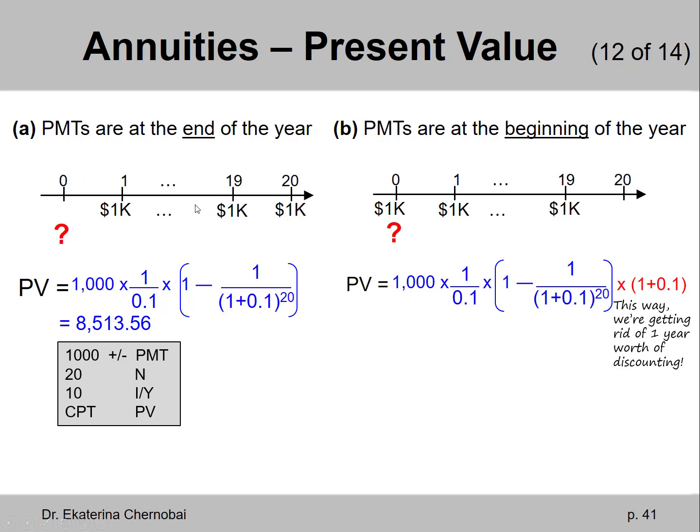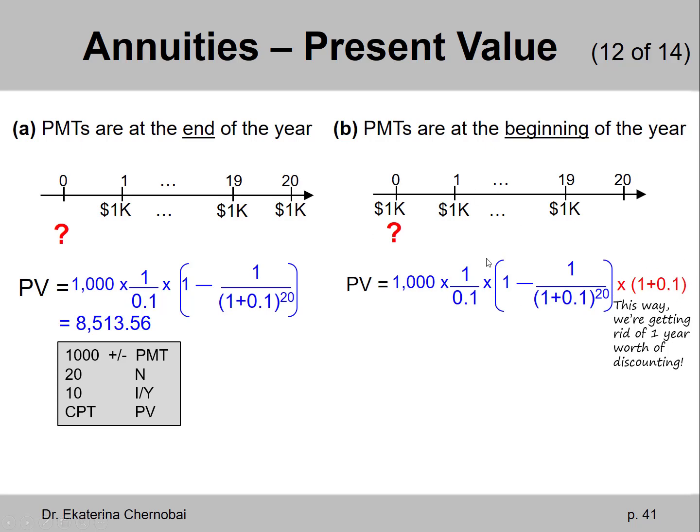Because really, if you compare the timelines, case B is as if we just move the question mark in case A into the future by 1 year, right? This is where we want to be, where the first cash flow occurs. And that's the adjustment we are doing to our calculations.